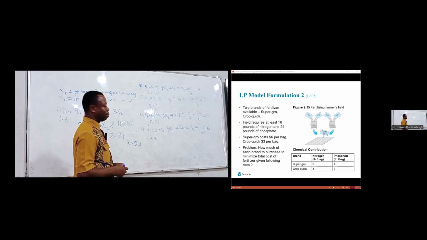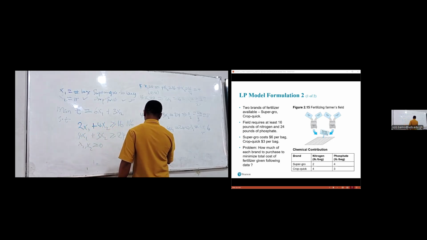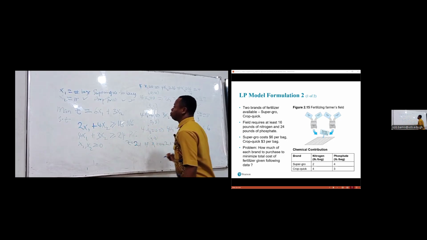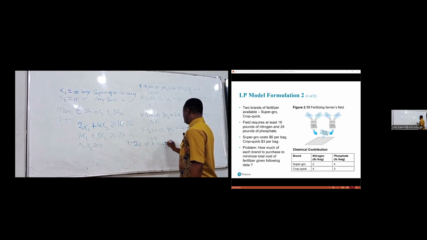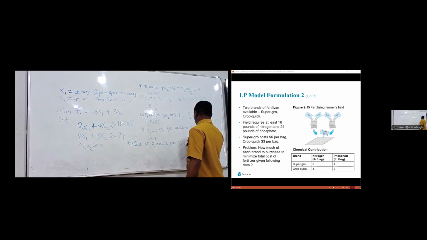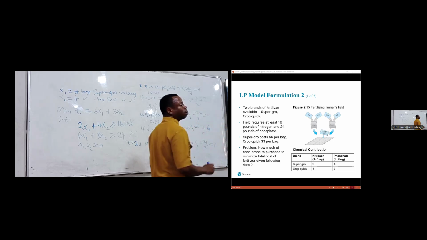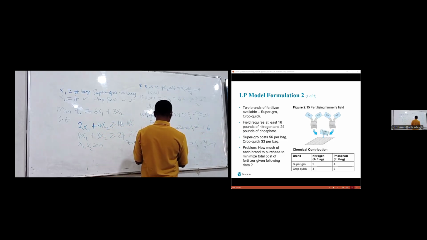I'm just guessing. Okay, so it will mean that if x1 is equal to 0, 21 is equal to 3x2, which will imply that x2 is equal to 21 over 3, which is 7. So our coordinates will be 0, 7.